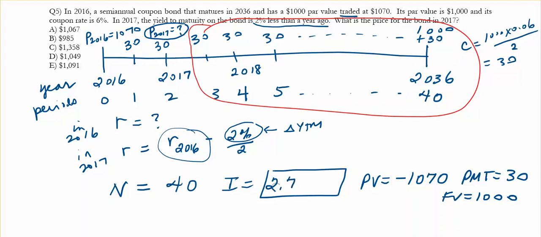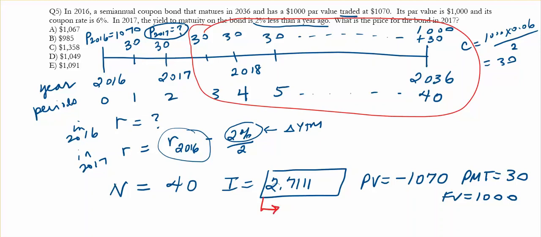Get 2.7111%. Now leave that in your calculator. Let's consider the two things that will change in 2017.